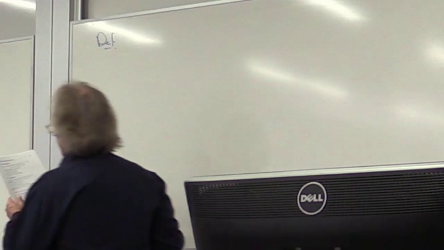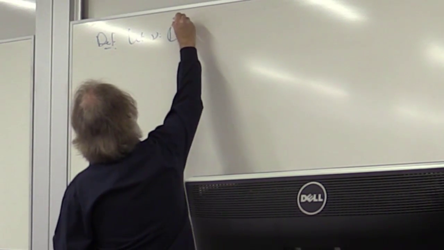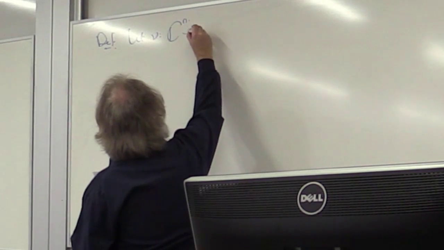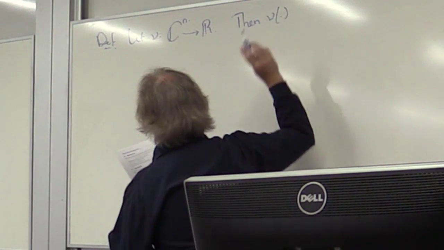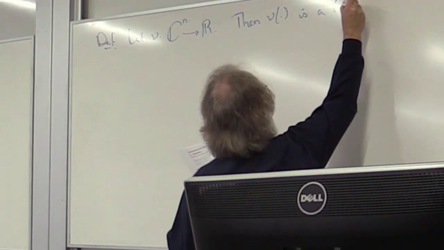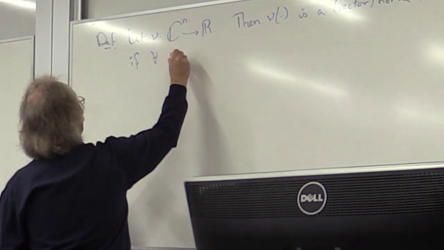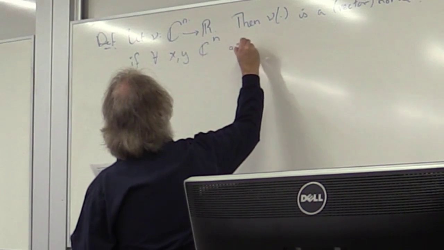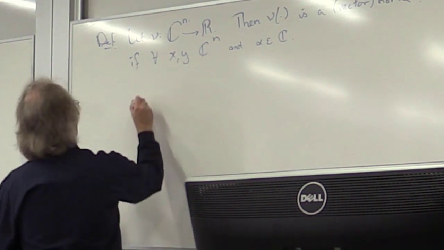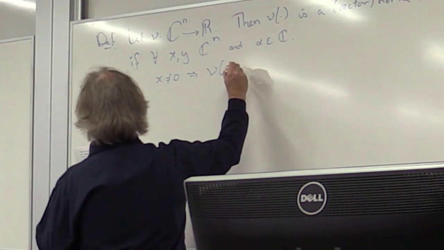All right. So let's bring it back. Let's come up with a definition. Let mu be a mapping from the complex vectors to R. Then this function is a vector norm if, for all x and y in Cn and alpha in C, x not equal to 0 means that the norm of x is greater than 0.